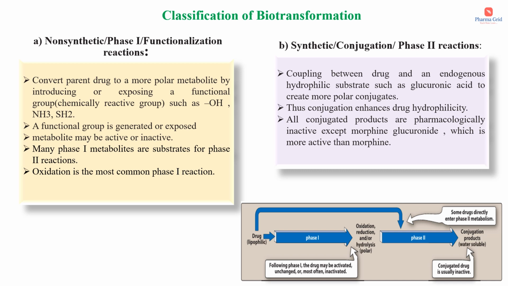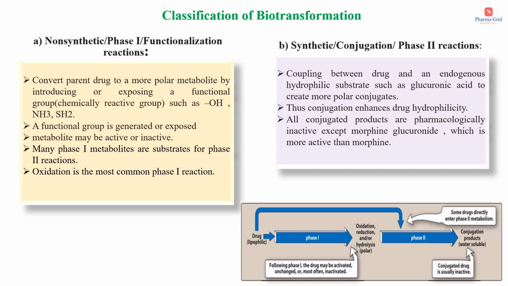Here we convert the parent drug to a more polar metabolite by introducing or exposing a functional group. Functional groups are chemically reactive groups such as OH, NH2, and SH, that is the thiol group. The metabolites produced may be active or inactive. Many phase 1 metabolites are substrates for phase 2 reactions.